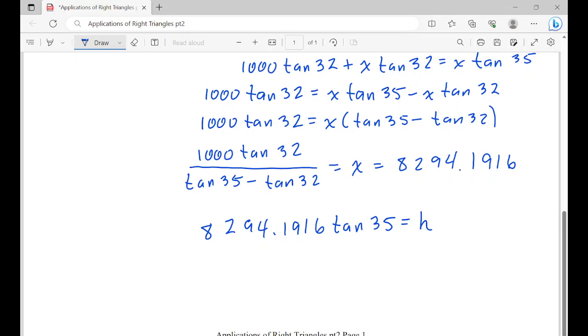Plug it into the calculator, and I will get, to the nearest whole number, 5,808 feet is the height. So the height of this mountain is 5,808 feet.